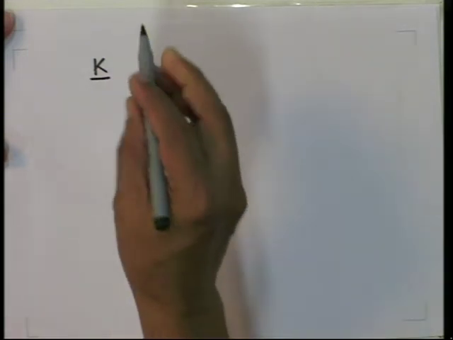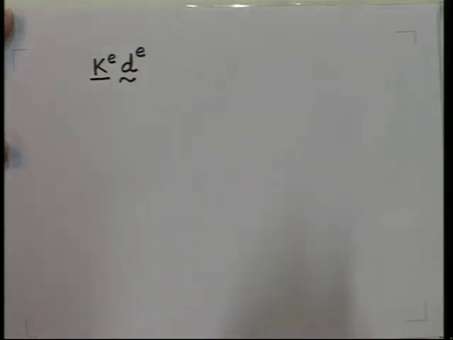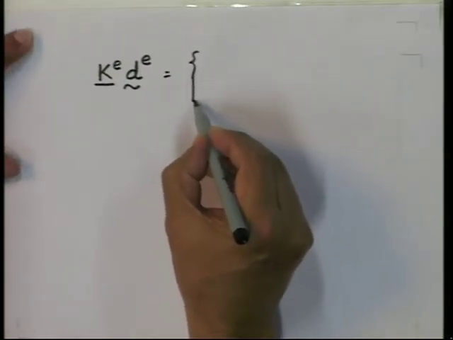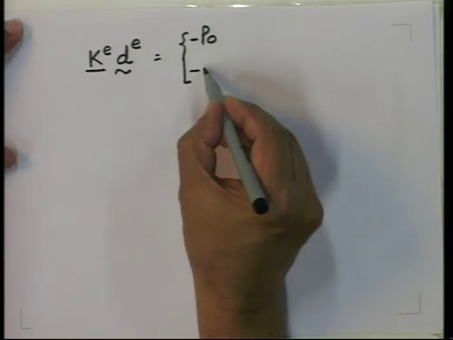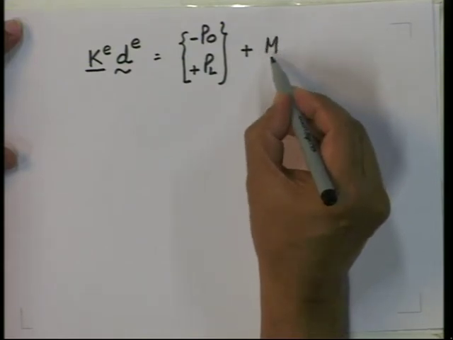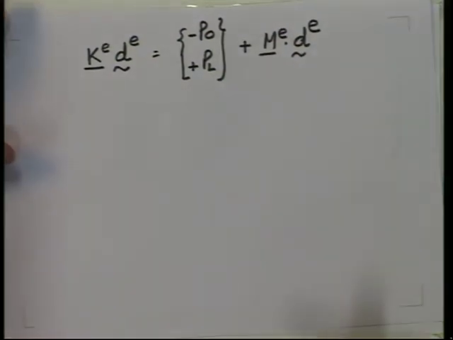Okay, so this is at the element level. We have got now that k element times d element, where d E means the degrees of freedom, equal to, for the element, the forces.